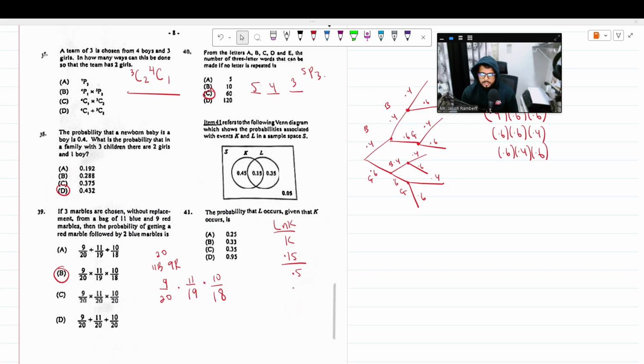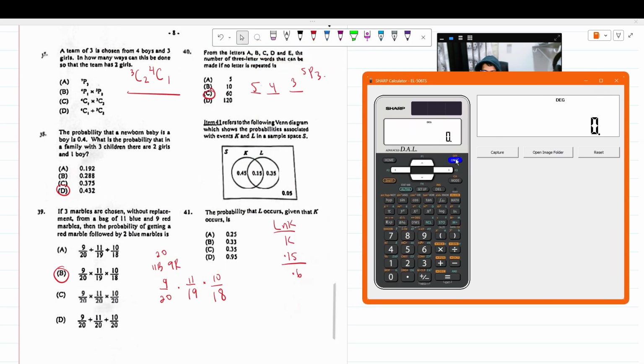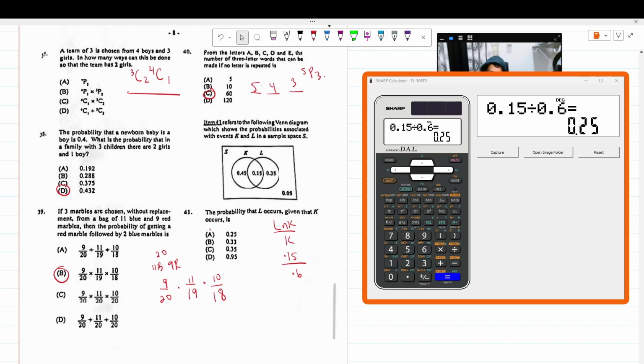Oh, I'm looking at L. Is K I'm supposed to look at? 0.45 plus 0.15 is 0.6, divided by 0.6. Alright, so please follow your diagram properly. 0.15 divided by 0.6 is 0.25. A is the answer.